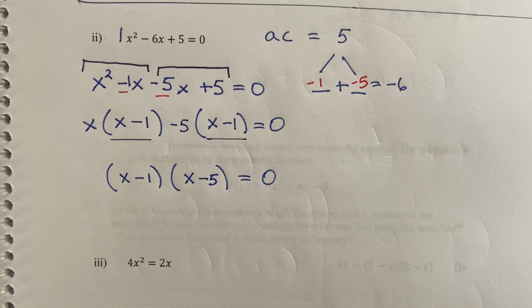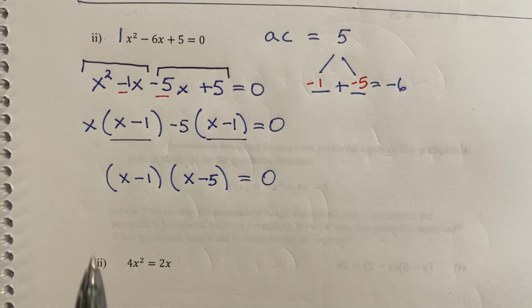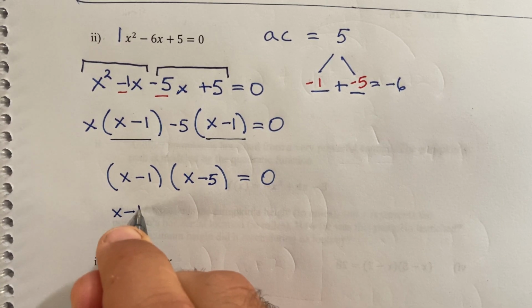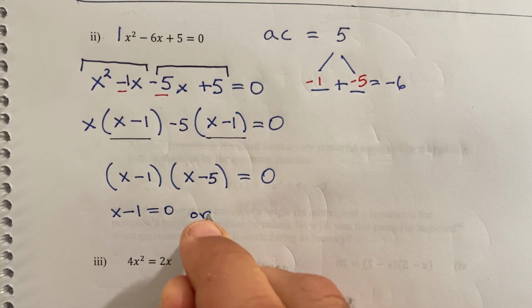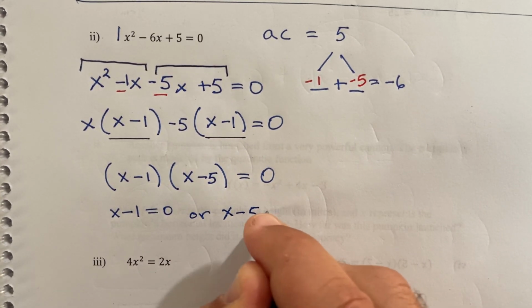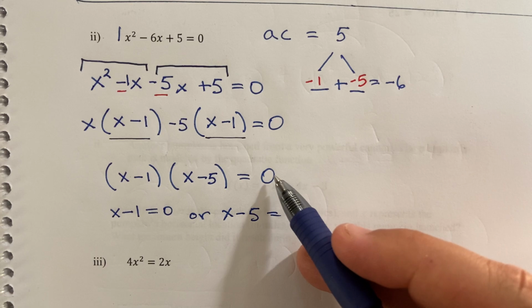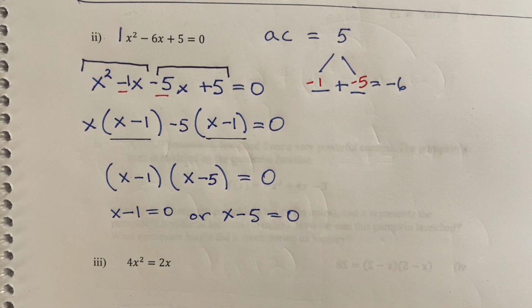And now it looks like the ones we've done already, right, where it's in factored form. So now we use the zero product property. We set x minus 1 equal to 0, and we also set x minus 5 equal to 0 because we have our 0 over here. That's the proper move.